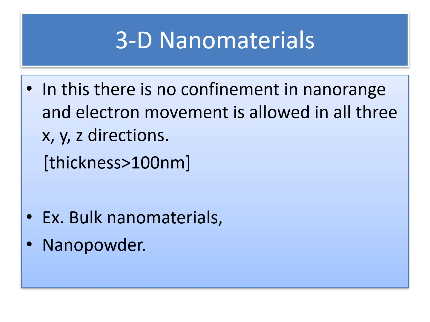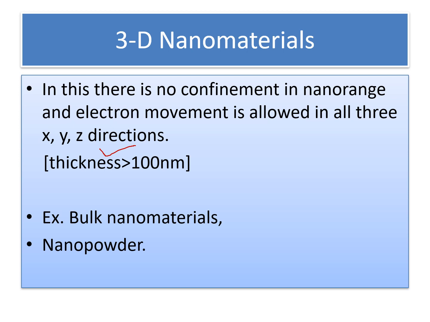Three-dimensional nanomaterial. In this there is no confinement in the nano range, meaning the movement of electrons is allowed in all three dimensions x, y, z, wherein the thickness of that material is more than 100 nanometers.